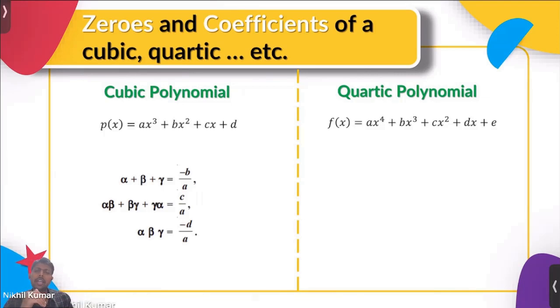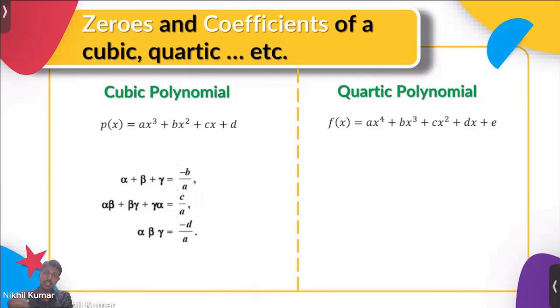But in our syllabus, at max, they are going to ask you about cubic polynomials. We saw that in linear polynomials, there was a relationship between the coefficients and the zeros of that polynomial. Same thing happened with quadratic polynomials, and the same thing happens with cubic polynomials. The relation is a little different though.